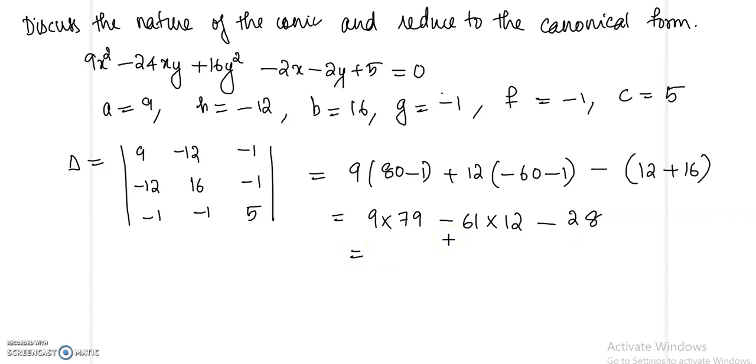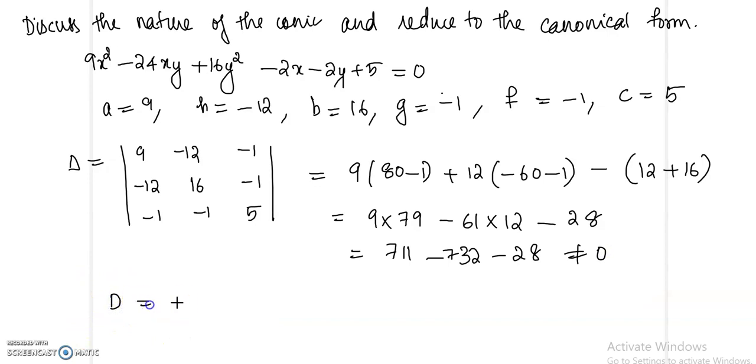So when you take 9 into 79, you'll get 711 minus 61 into 12, that will be 732 minus 28. So you can see it is not equal to 0.